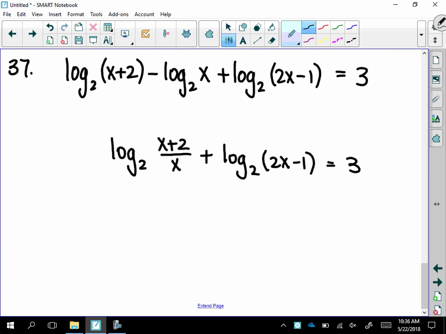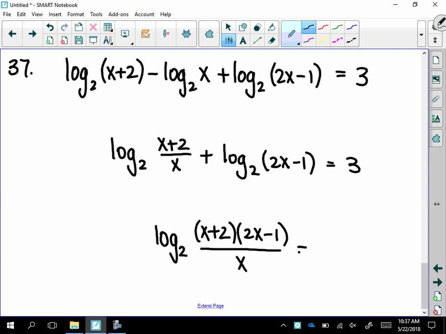Then you have 2 logarithms with the same base joined by a plus sign, so we're going to multiply. And where's that 2x minus 1 going to land? So we're going to have log base 2 of x plus 2 times 2x minus 1 all over x. And that's equal to 3.